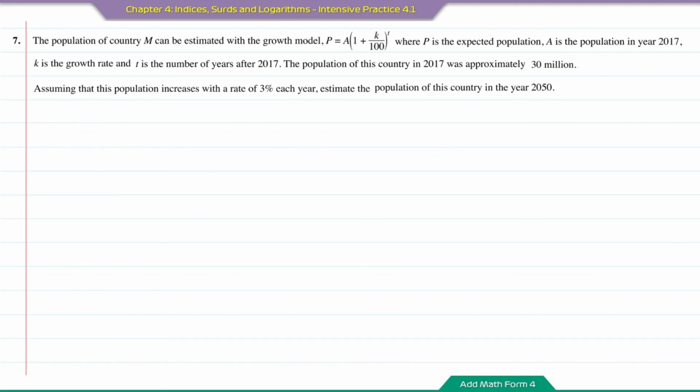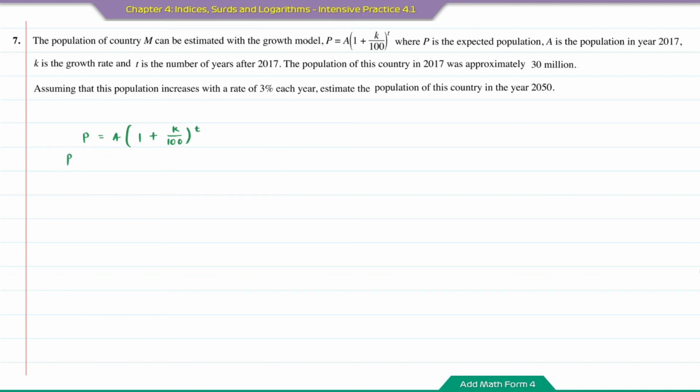Assuming that this population increased at a rate of 3% each year, estimate the population of this country in the year 2050. So to find the population, we're going to use the formula P equal to A bracket 1 plus K over 100 to the power of T.